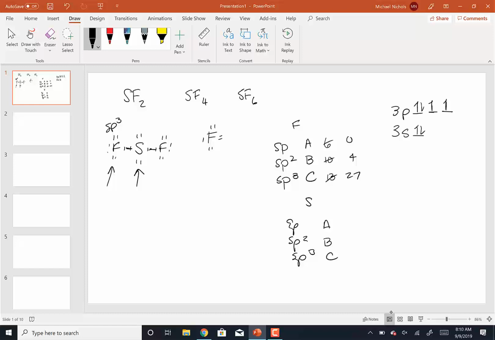A is sp, B is sp2, and C is sp3. For sulfur in SF2. It doesn't form an expanded octet yet. In the next couple, we'll have an expanded octet, but for this one, we don't. So those are our 3 choices for sulfur.